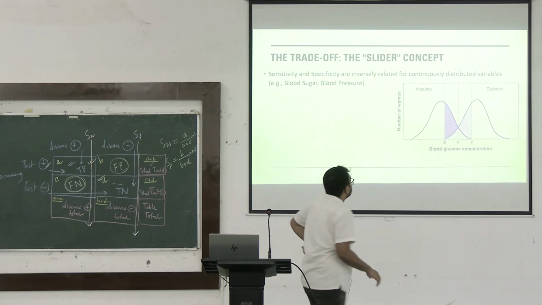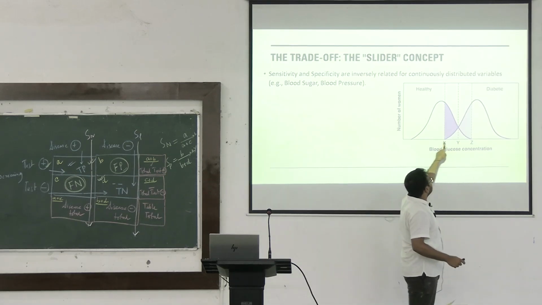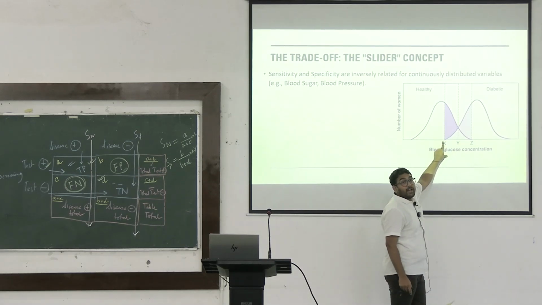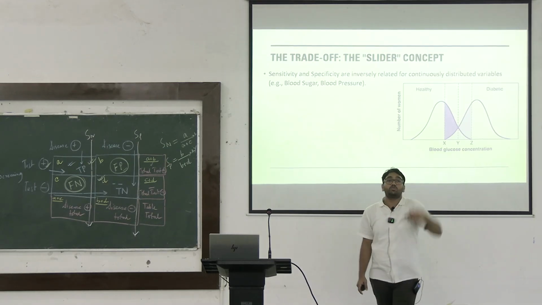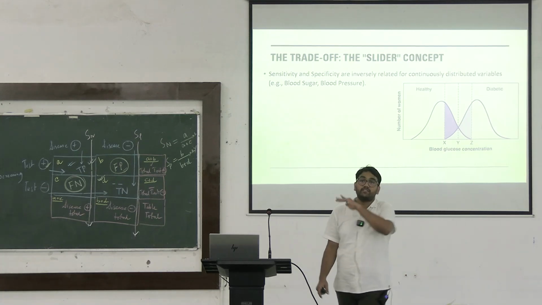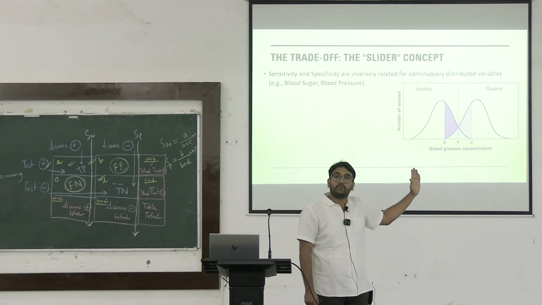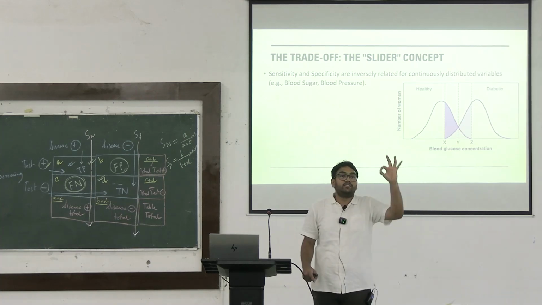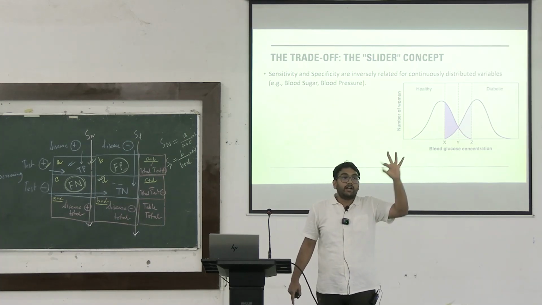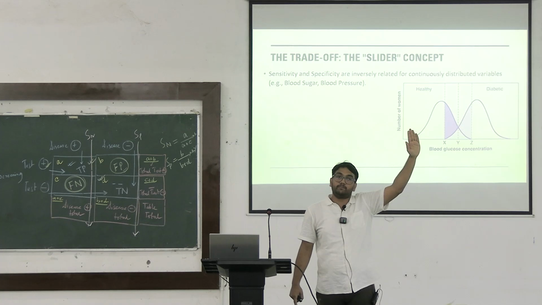So if the cutoff is reduced from 126 to 100, then what is happening to true positives? Everyone is a true positive. Everyone who is diabetic gets labeled as a diabetic if my cutoff is at x. So false negatives are 0. That means sensitivity is maximum.